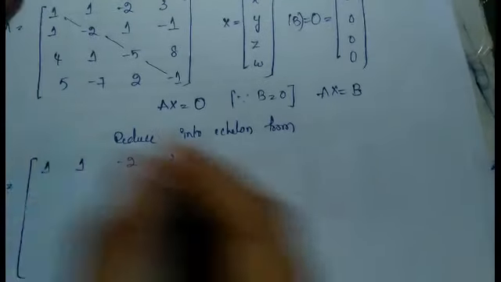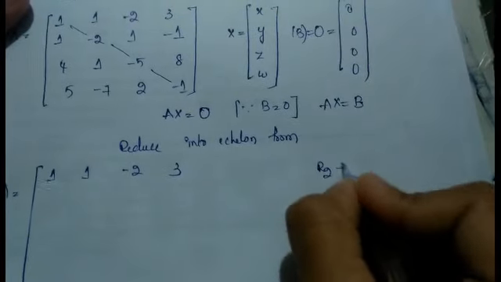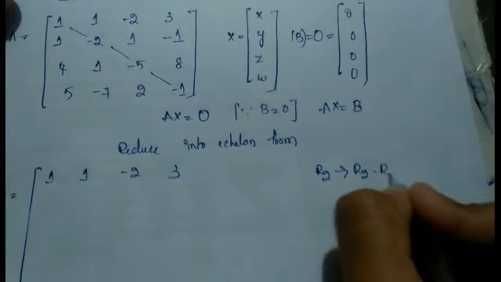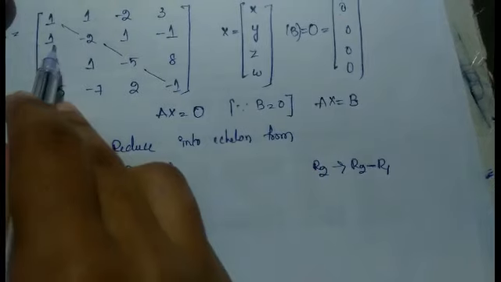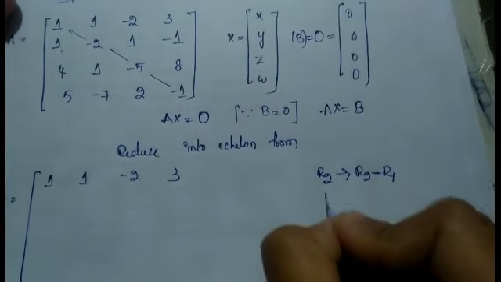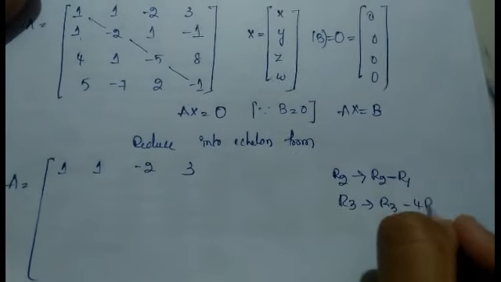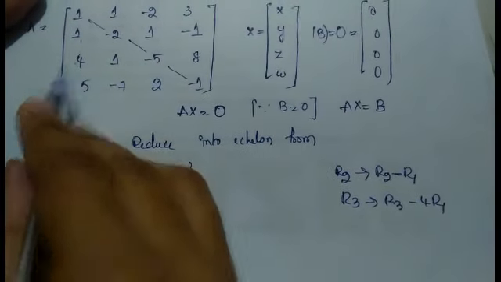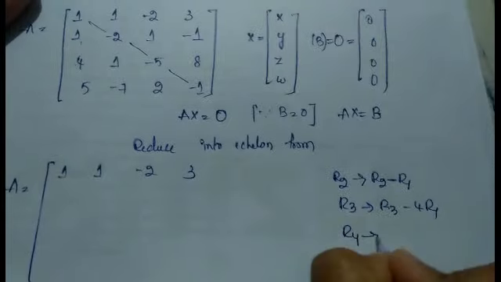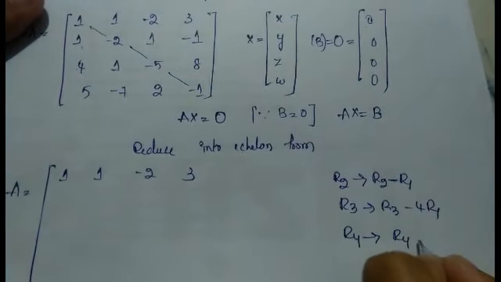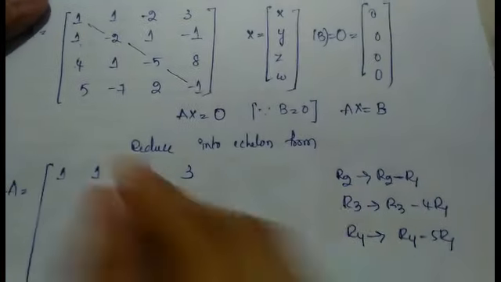I am applying the row operations R2 becomes R2 minus R1 to make this element 0, R3 becomes R3 minus 4R1, and R4 becomes R4 minus 5R1 to make these elements 0.